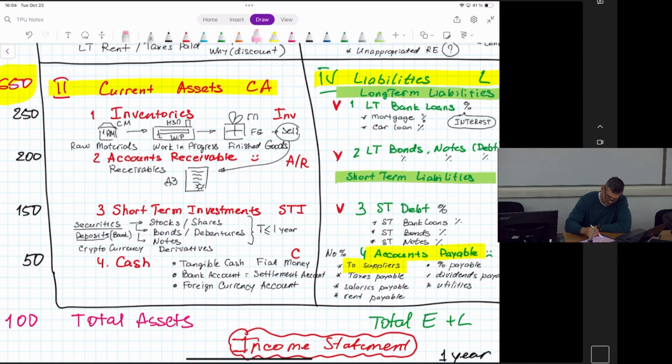I'll highlight it. This is our net operating assets. It's the liquid part of our assets that is connected with money itself. Net operating assets are whatever we need at hand to buy and sell things. So it's short-term investments and cash.